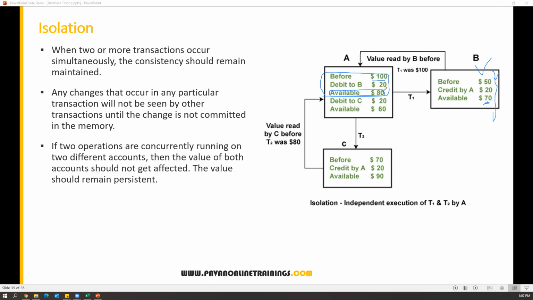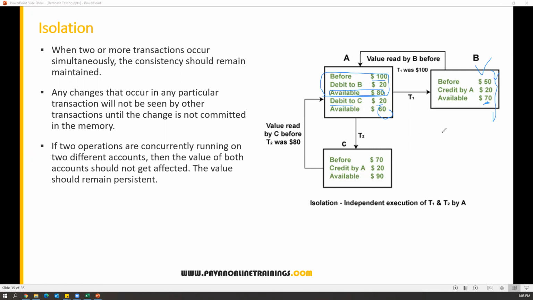So available is 80. Now again, A sends $20 to C. Now the debit to C is $20, and the available balance is 60. So now C is getting the data from A. The amount is being credited to C after completion of the A to B transaction. This is called isolation.